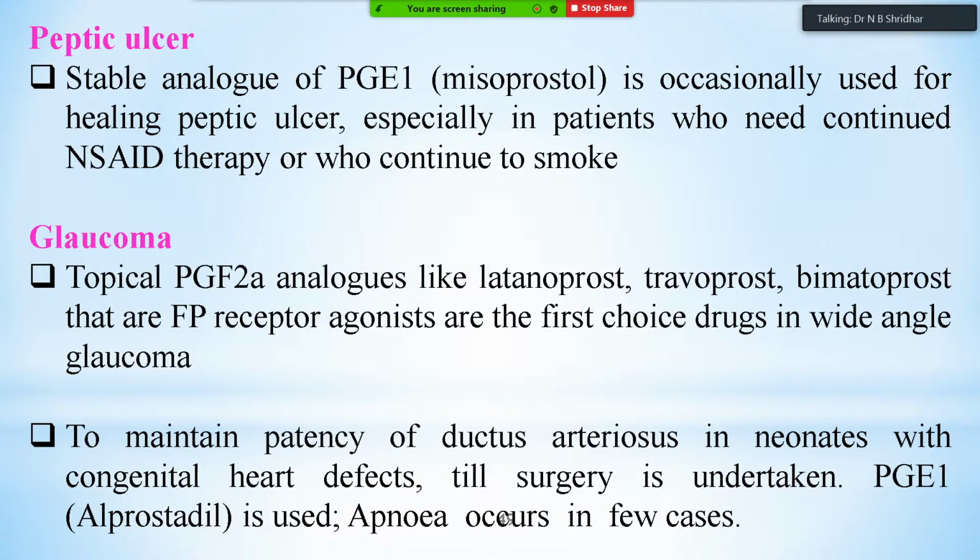Yes, of course, to maintain the patency of the ductus arteriosus in neonates with congenital heart defects, till surgery is undertaken, PGE1, that's the alprostadil, is used. But the side effect is apnea, especially in case of a few of the animals it may happen.